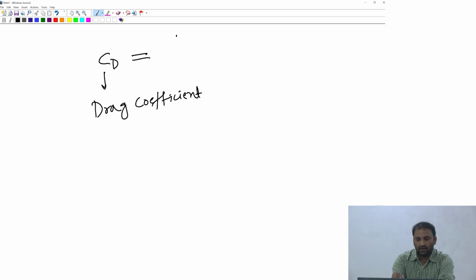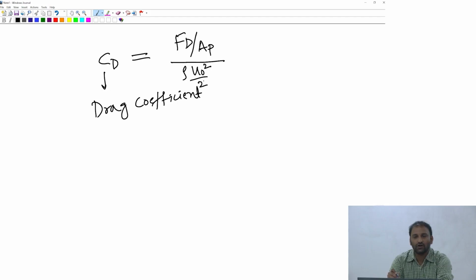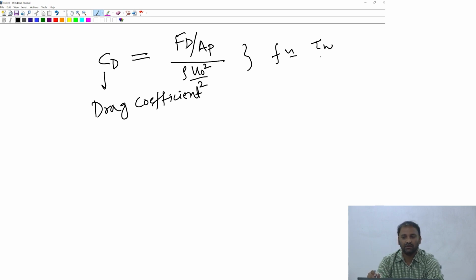Drag force divided by some area, times density, times some velocity head. Do you recognize this formula? Some similarity that you may have seen in the previous lectures? If you look at this carefully, it is of the form of your friction factor, which was something like wall shear stress divided by density times velocity square, right?